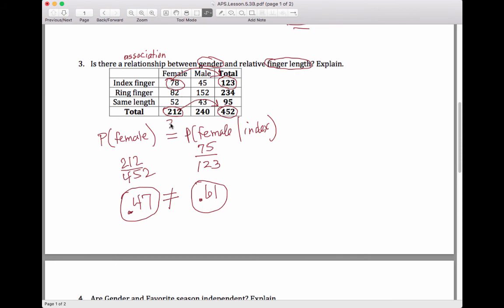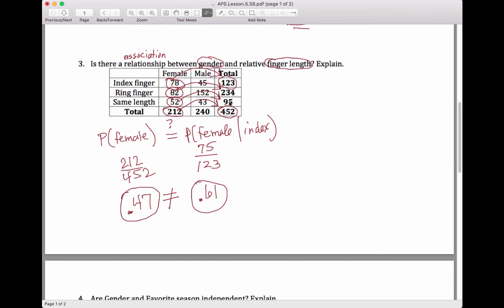Now, when you have multiple rows, though, you've got to be careful, because it could be that the overall is 47%, and then maybe just for some reason index finger was about 47%. And you might think, oh, they're exactly the same, so they're independent. So you would probably want to make sure that you check 82 divided by 234 and 52 divided by 95, because if there's total independence here, every single one of these percentages should be about the same.